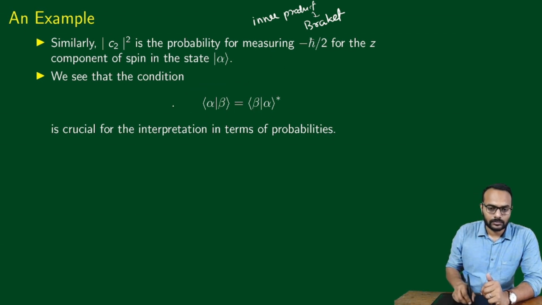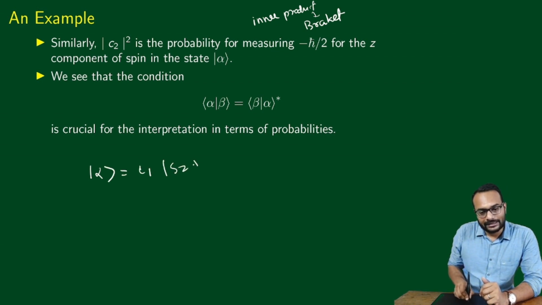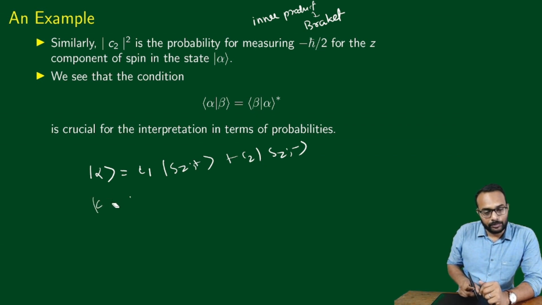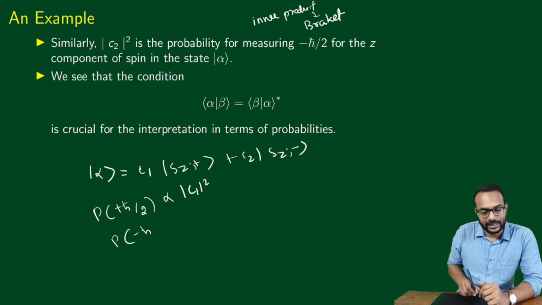And then we talked about states like this: alpha is equal to C1 |z plus> plus C2 |z minus>. We said that the probability for measuring plus h cross by 2 is proportional to modulus of C1 squared, and similarly the probability for measuring minus h cross by 2 is proportional to modulus of C2 squared.